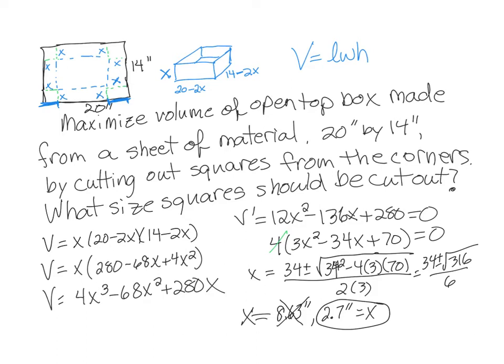Okay, one more example. I'm going to make a can for soup or stew or something like that. All right. So the can has two dimensions that we know of, that we use.